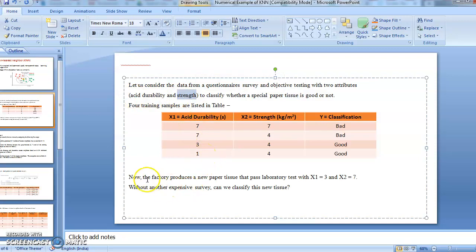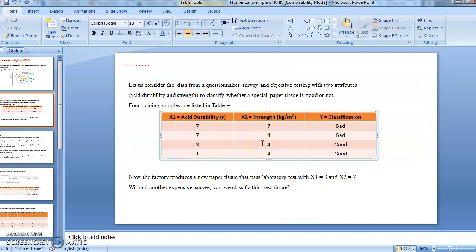Now what is the problem? The factory produces a new paper tissue, and the acid durability of that paper is 3 and strength is 7. As you can see, 3 and 7 is unseen data for us. So how can we decide the output for that particular data point?